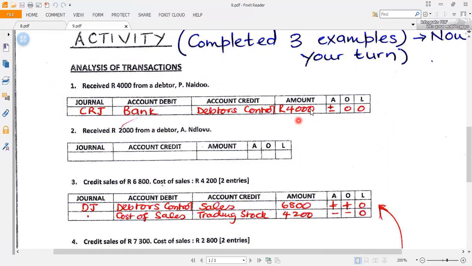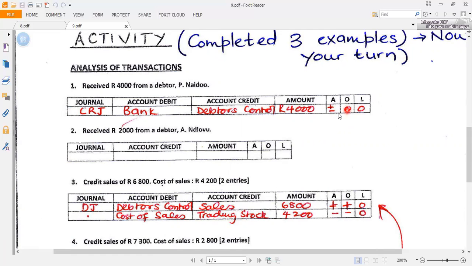Just take note, I have given you an amount column separately. I can always change the template, even in the exams. You need to know what's going to be required.